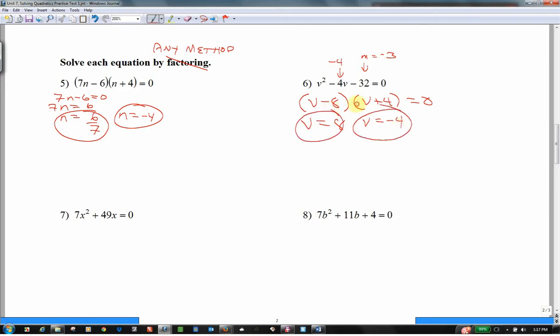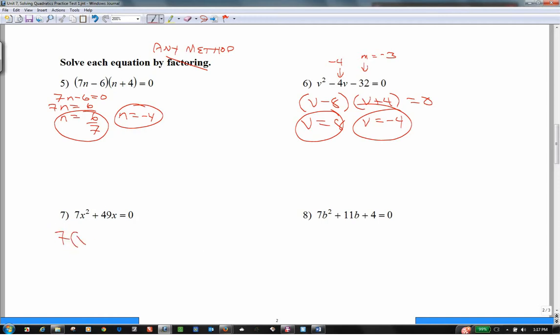Moving to the next one. This one, I could solve one of several ways. I'm going to go ahead and factor a 7 out. If you notice, there is a 7 and an x that can come out of that.